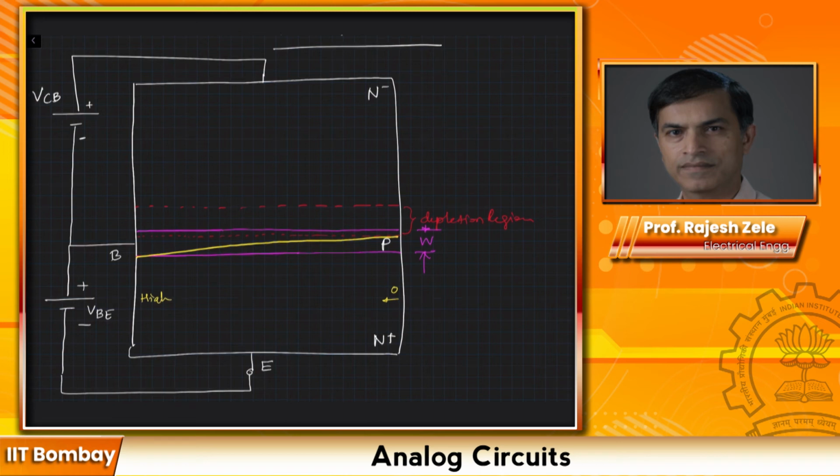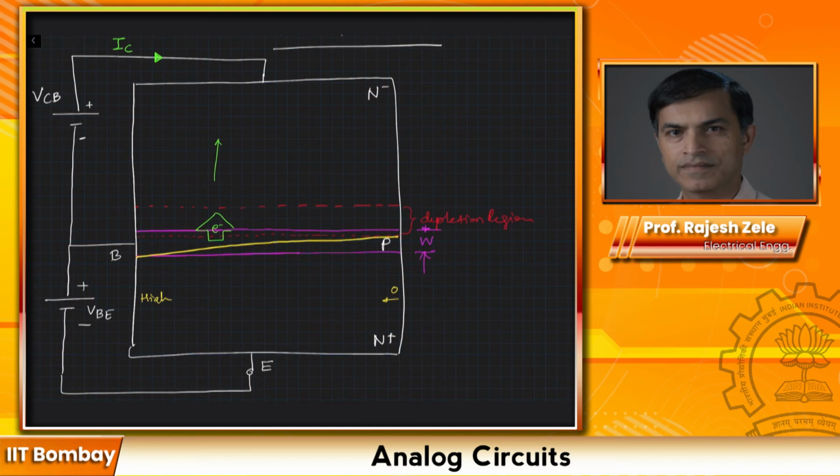So the current flow has increased. These are electrons. They will cross the boundary and flow through to the collector, as a result of which the flow of electrons is going to be in this direction and the flow of current is going to be in this direction. So this would be your IC, the current IC flowing.